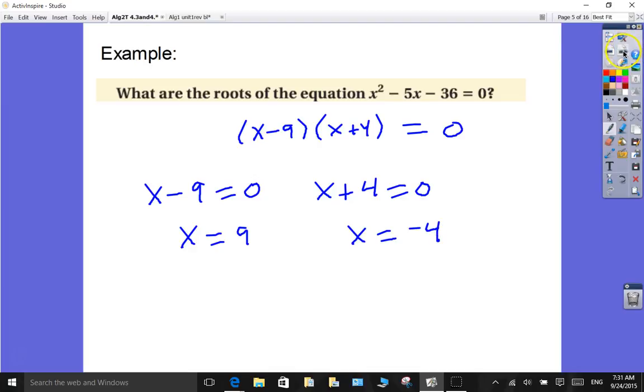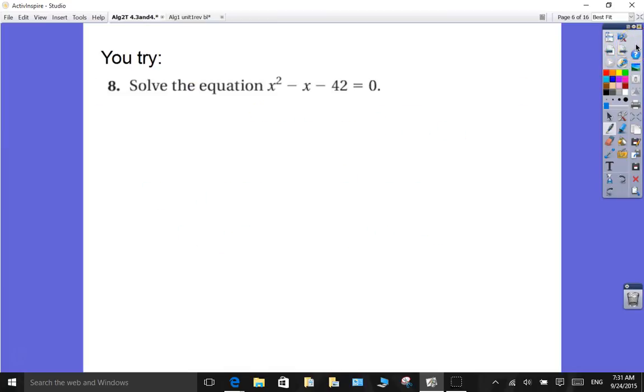So I think this is one for you. Solve. So how did it factor? Kim? X minus 7, x plus 6 equals 0. So again, I can set this up.